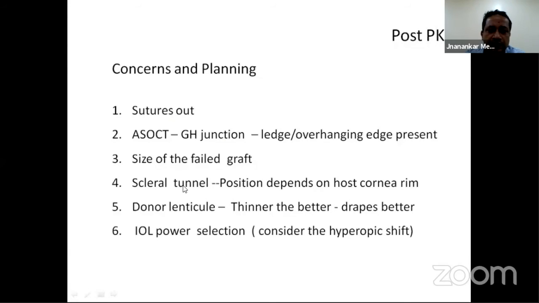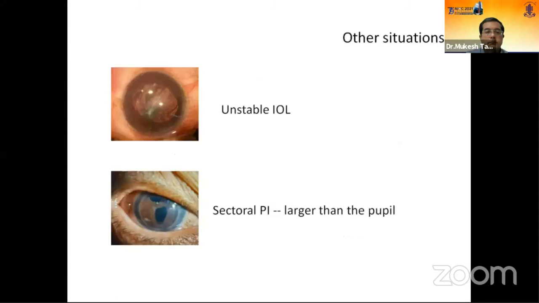For me, I do a scleral tunnel in these cases, and I position it either superiorly or temporally depending upon the size of the host corneal rim. And if you can make the donor lenticule as thin as possible, it's even better because that drapes very well on the undersurface of the failed graft. And if you're combining a cataract surgery, you have to choose a higher power IOL, considering the hyperopic shift.